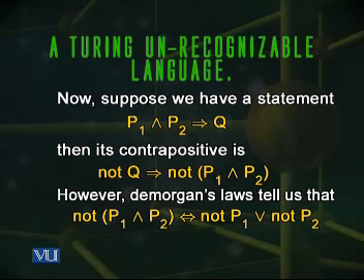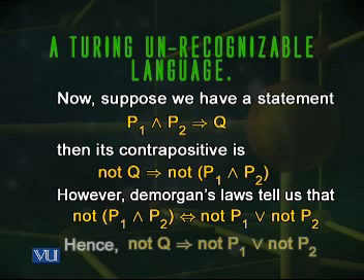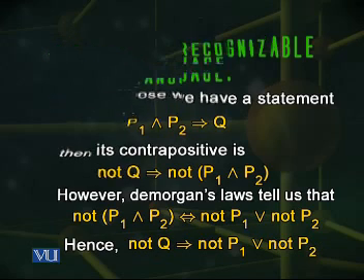That is, when you simultaneously negate an AND of two things, that's the same as negating each thing and ORing them. Hence, the contrapositive of the statement P1 and P2 implies Q becomes not Q implies not of P1 or not of P2.